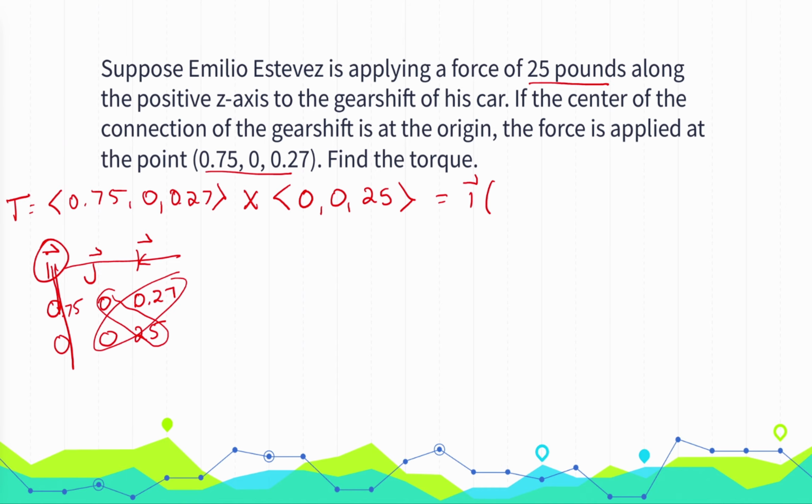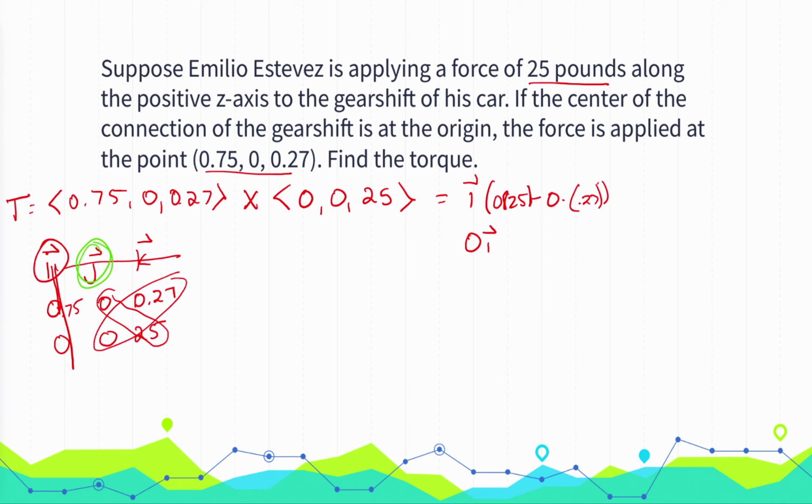And the determinant here is 0 times 25 minus 0 times 0.27, which is 0i. 0 minus 0 is 0.